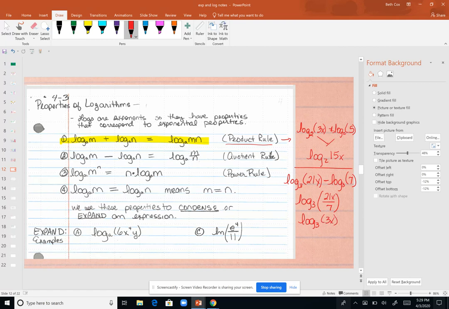So this subtraction can be rewritten as a division, and this addition over here can be written as a multiplication. That's what the properties of logs tell me here.